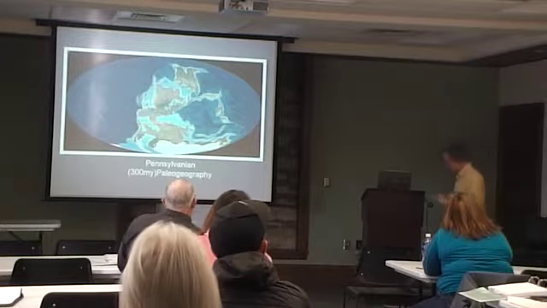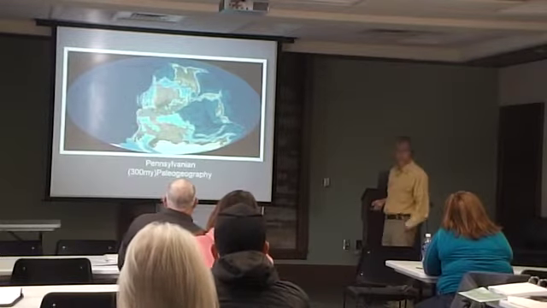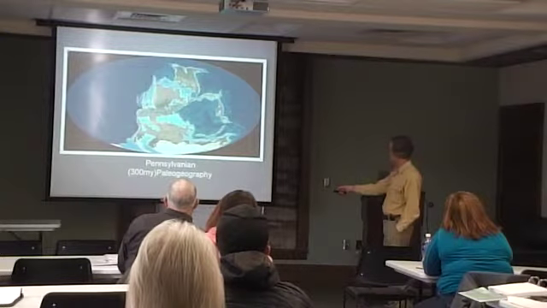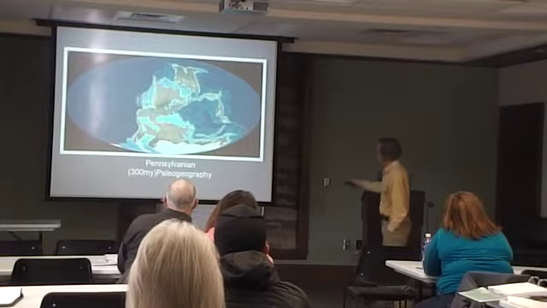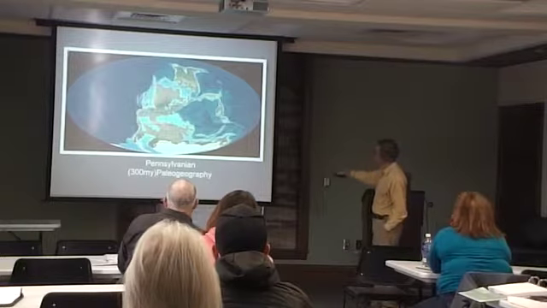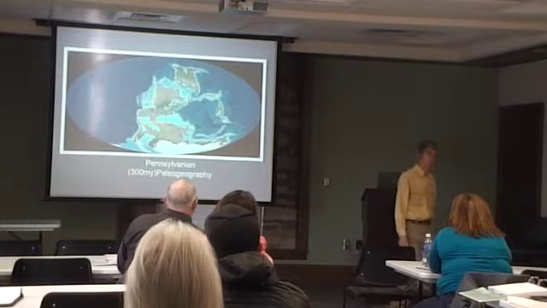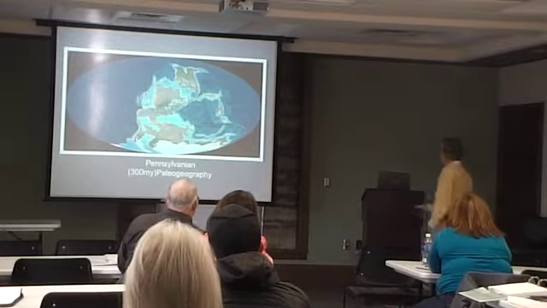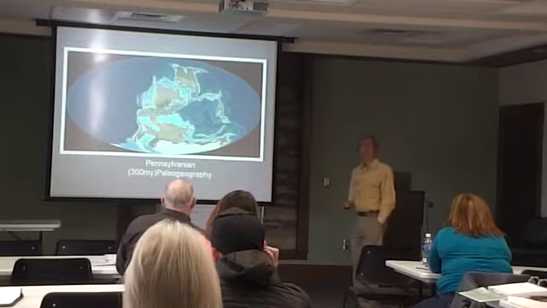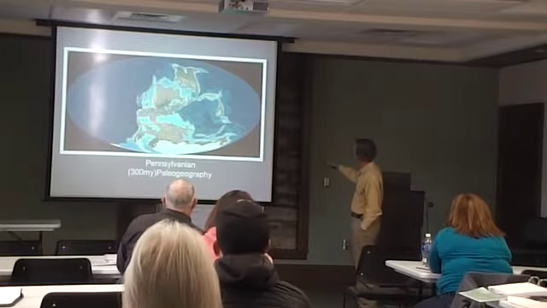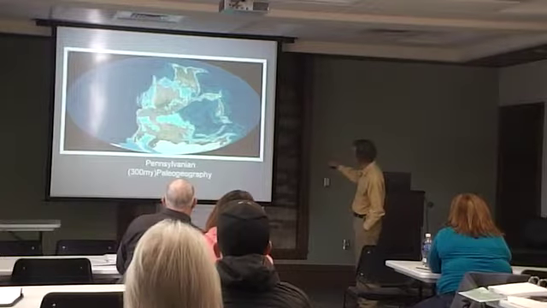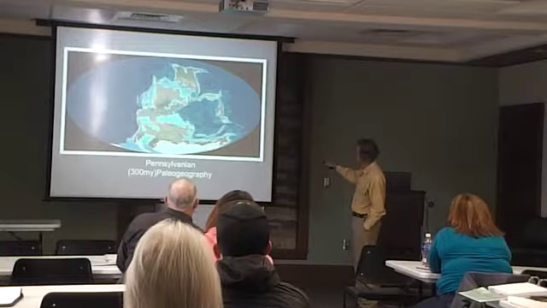So here is what the world looked like at this time. This is about 300 million years ago. All the continents were together in a supercontinent called Pangaea. A couple things to note here. One is the Appalachian Mountains.